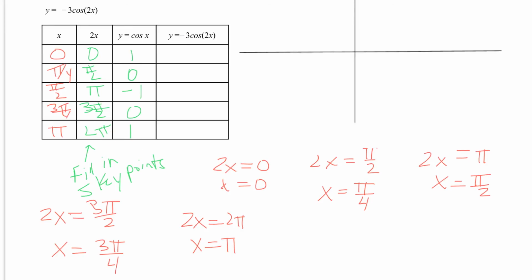Negative 3 times 1 will give me negative 3. Negative 3 times 0 will give me 0. Negative 3 times negative 1 is a positive 3. Negative 3 times 0 will give me 0. And negative 3 times 1 will give me negative 3.